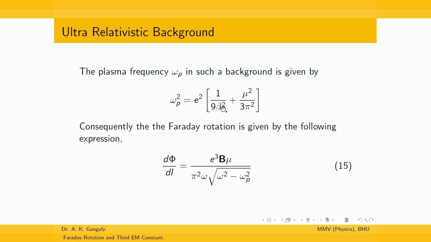Now, if we consider beta to be inversely proportional to temperature, you can see that omega p is basically proportional to temperature and chemical potential square, and the square root of that. If we replace it over here in the denominator and we keep increasing the values of the temperature and chemical potential, you might encounter a situation when the denominator will slowly approach 0.